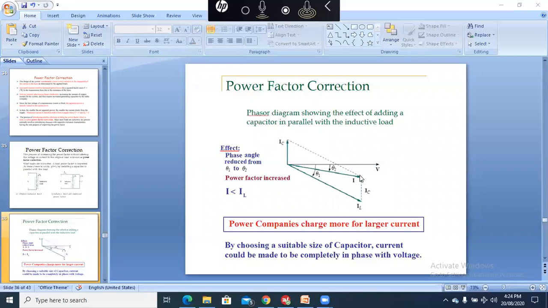So this is called power factor correction. When your network draws less current, it means you have to pay less for the less amount of current drawn by your load.